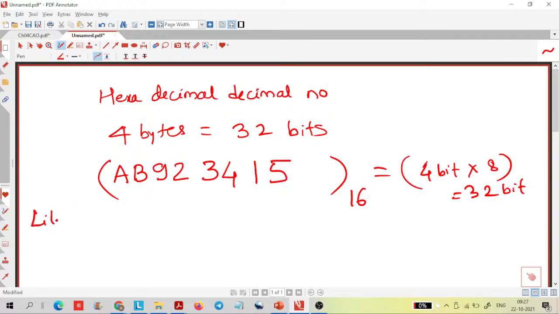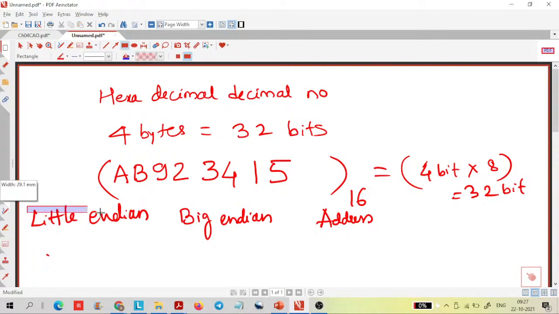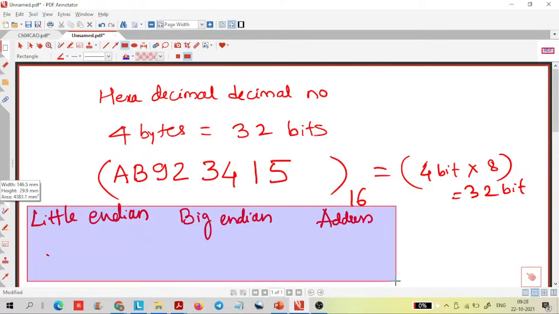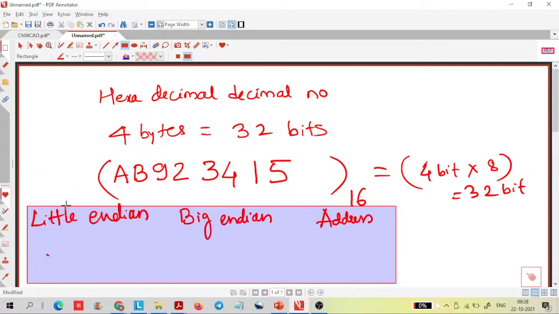Now in the little endian format and the big endian format, with the address.